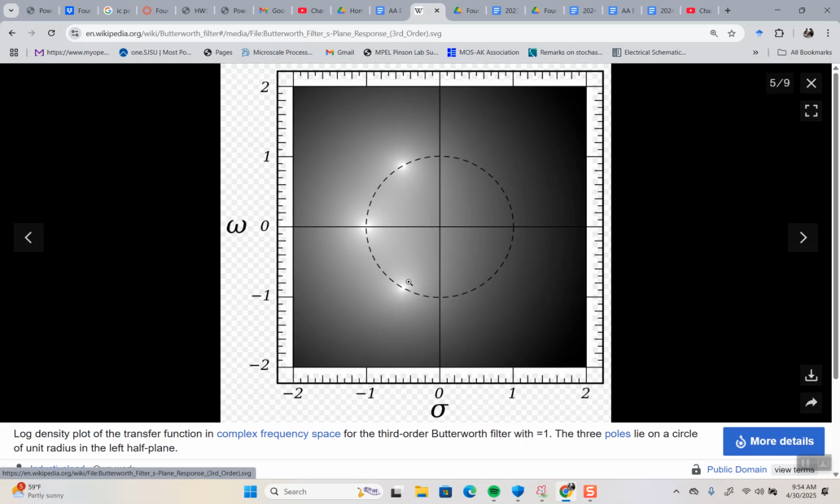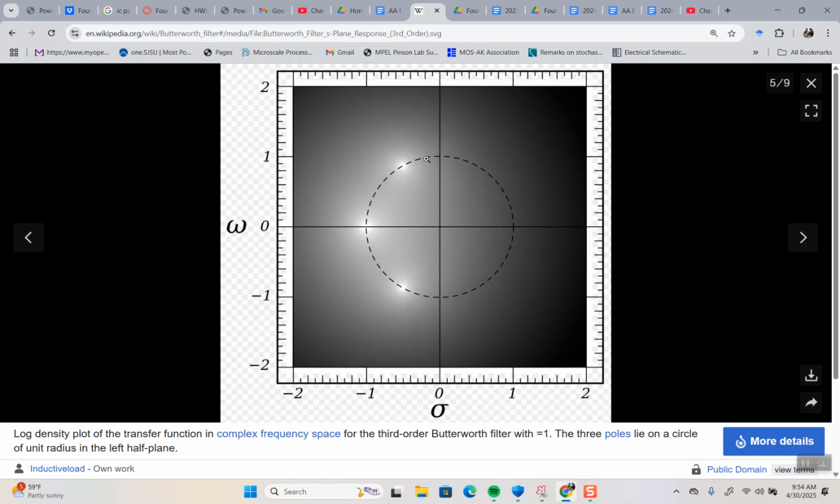I have a pole here, and then a pair of complex poles here, and notice that the phase difference is equal. You split them all along the unit circle, and if you want a higher frequency, you just make the circle bigger. But you only use the poles on the left-hand side.